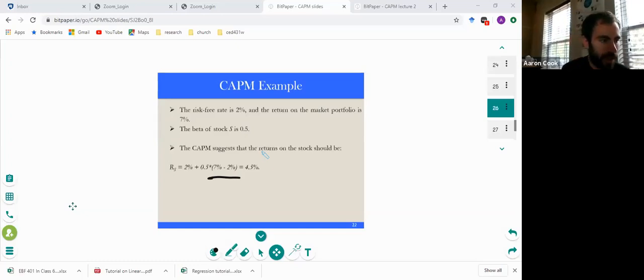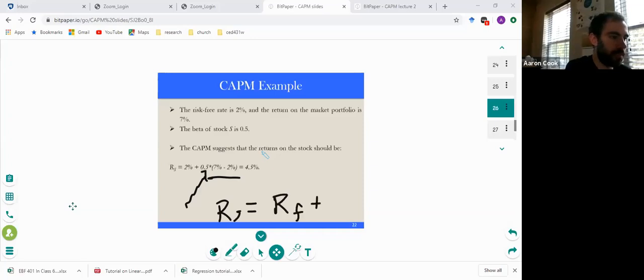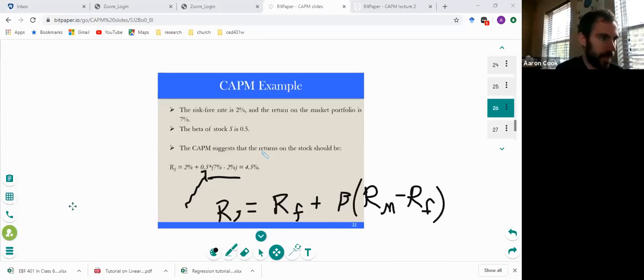You multiply that by the beta, and then you add the risk-free rate. So again, the return on the stock is the risk-free rate plus the beta times the average return on the market minus the risk-free rate. And so in this example, the expected return on that stock, given its beta and the risk-free rate, would be 4.5%.